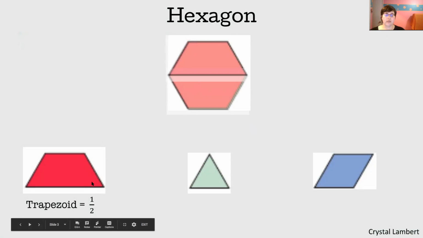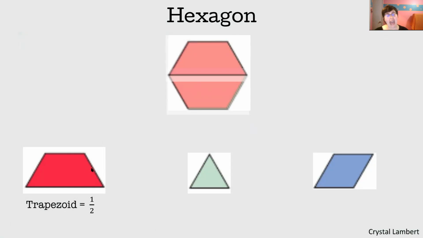For 1 trapezoid, we have 1/2. The trapezoid takes up 1/2 of the hexagon. So for every 1 hexagon, we need 2 trapezoids to equal that 1 hexagon.